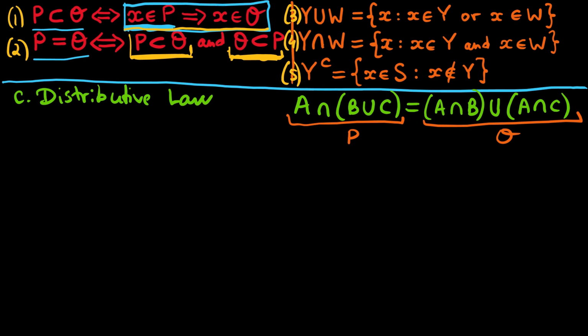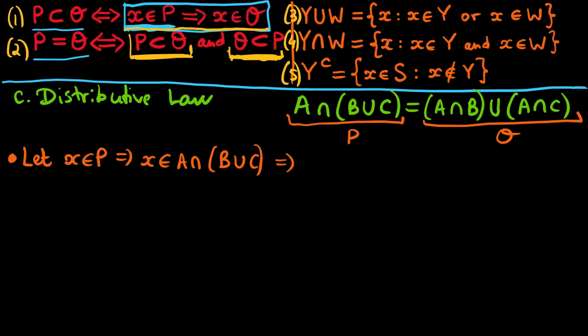So first we have to show that P is a subset of Q. Exact same process: we let X be an element of P. Then we unpack what that means. X must be an element of A intersection with B union C. Let's unpack what this intersection means.